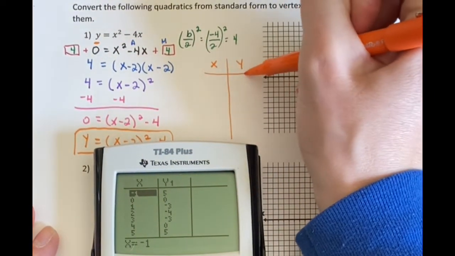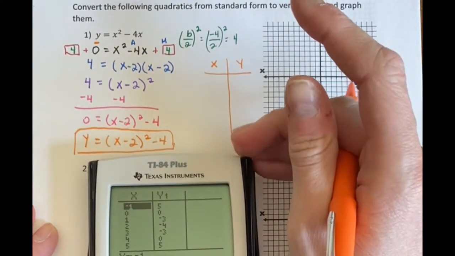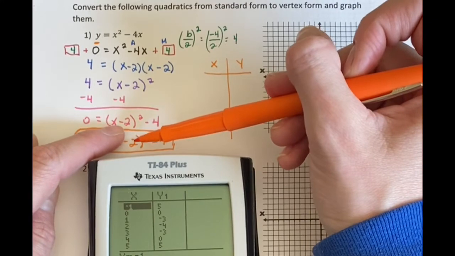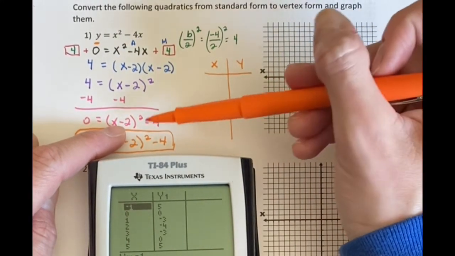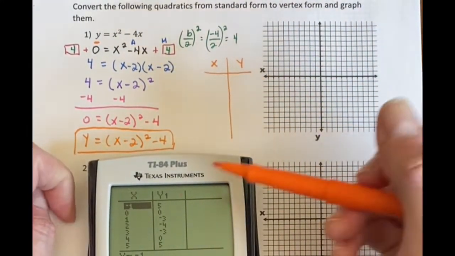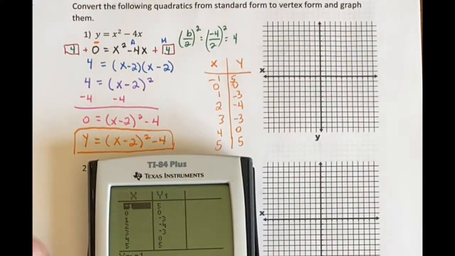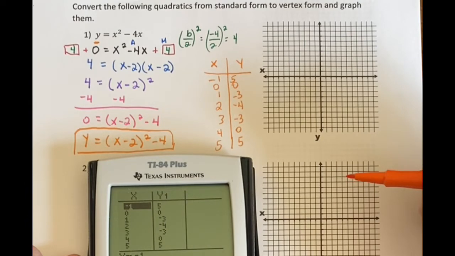And remember, the center of our table is going to be our vertex, which we could tell from the vertex form of the equation would be 2, 4. 2, -4, I'm sorry, that's a negative. Or we could look at the table, 2, -4. And then we want to graph our graph.